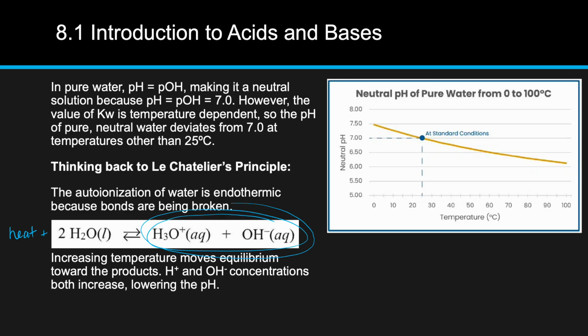And because we have more hydronium, we are actually lowering the pH. So by increasing the temperature, we are lowering the pH of water, which is making it more acidic. And same going the opposite direction. If we decrease temperature, then we are increasing the pH, making it more basic.